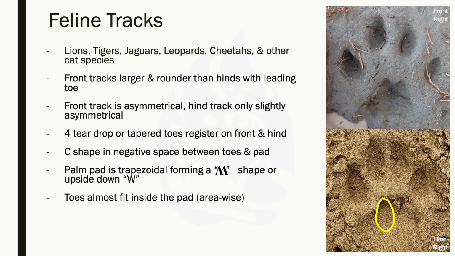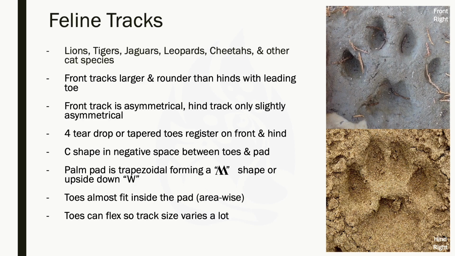In other words, if you were to move them down in terms of area, you could actually see that the toes will literally fit inside the space of the palm pad, okay? The palm pad is that big where the toes would comfortably fit inside. Again, that's different from other species. Okay, you won't see that in canines, for example. So this is a great way, because sometimes it can be very confusing to differentiate between the two, but these differences in the palm pad are an easy way to do that.